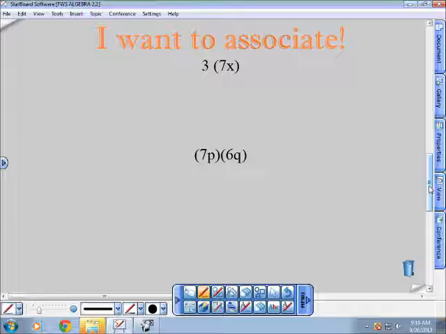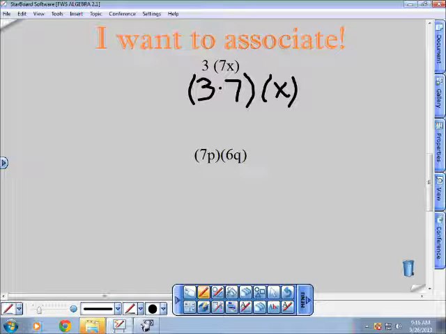But what can 7 associate with that I know what to do with? 3. So I got to put the dot because the 7's there. The 3 can associate with the 7 instead. So I can just move my parentheses. Notice my 3, my 7, and my x didn't change positions. All that changed was how I'm grouping them. What is 7 times 3?